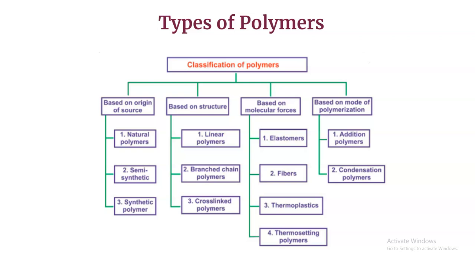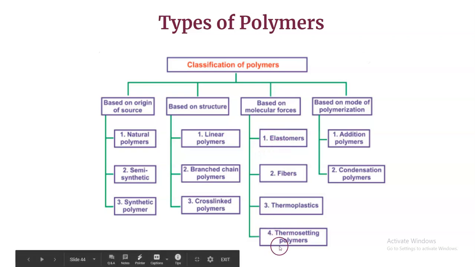What you are trying to do is produce matter which has really interesting and useful properties. So sometimes elastomers, which have their own application, are produced, and sometimes you produce really strong, rigid polymers with their own interesting application. That's based on molecular force.